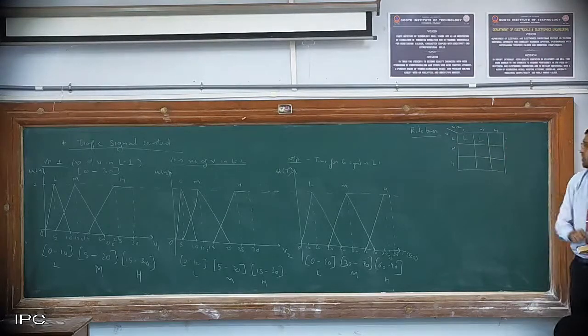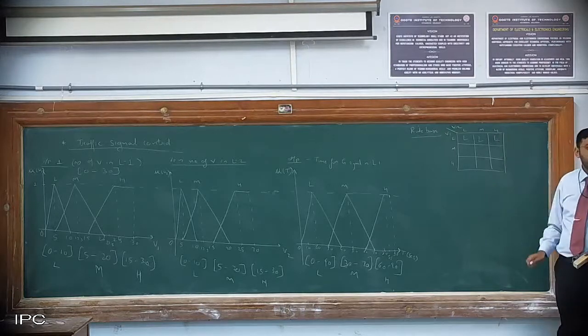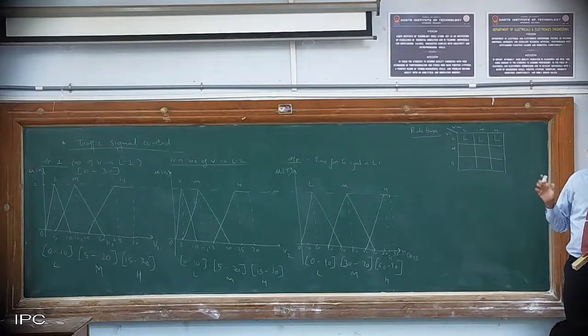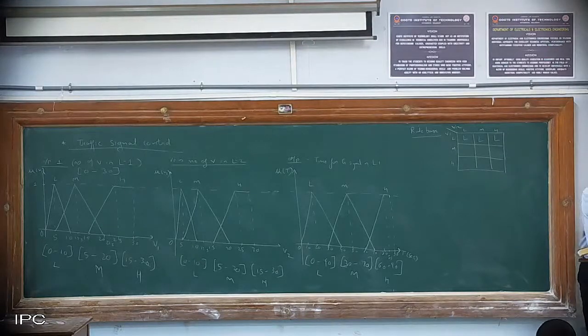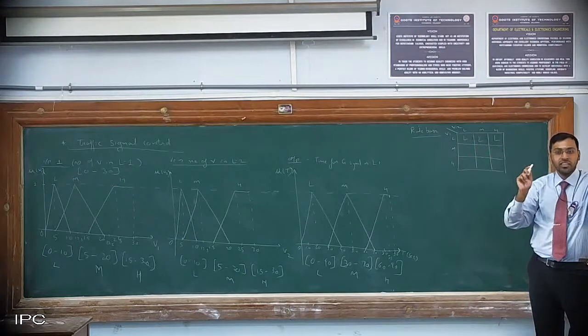Now, lane 1 number of vehicles are low, lane 2 they are high. What should be the time required? It should be low again. Are you getting why we are writing low? Because, everybody please listen, there are only 3 vehicles in lane 1 and 10 vehicles in lane 2. Who requires lower time? Lane 1 requires lower time for green signal. Okay.